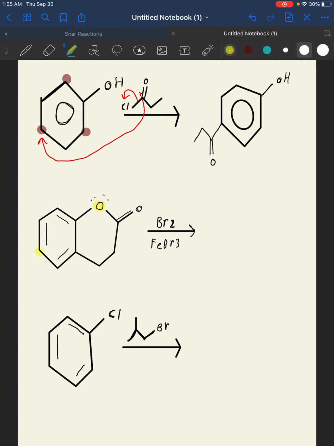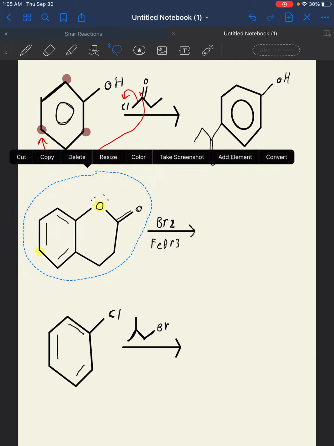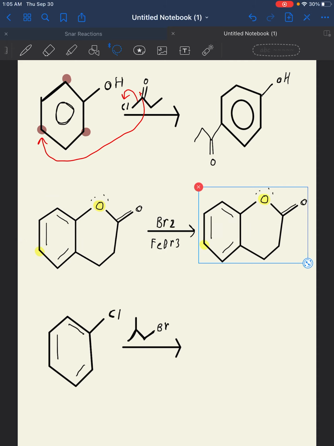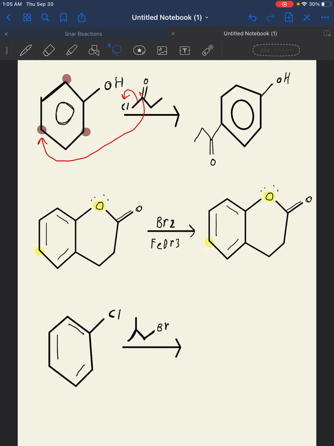It's less sterically encumbered at para. So, let me do this because I don't want to redraw this thing. And once again, it's a halogenation if you look on your chart with Br2, so it just adds Br at the para position to the electron donating group.